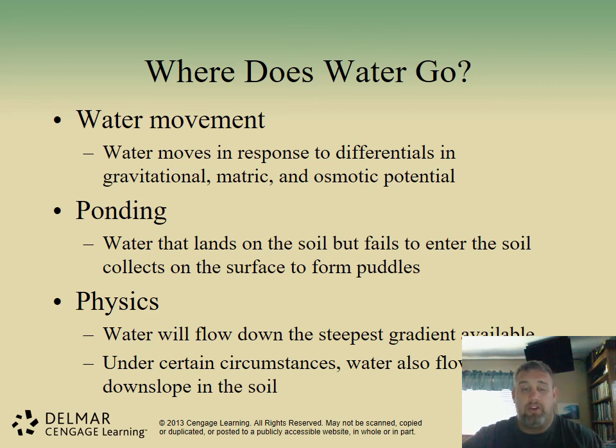And then we also have the physics of where water will go. This goes all the way back to the beginning of the lecture: water will want to go through the easiest way possible, flowing through the bigger channels and bigger pore spaces, and then will flow through the smaller pore spaces once all the bigger ones are being utilized.